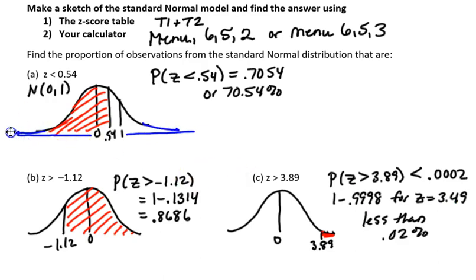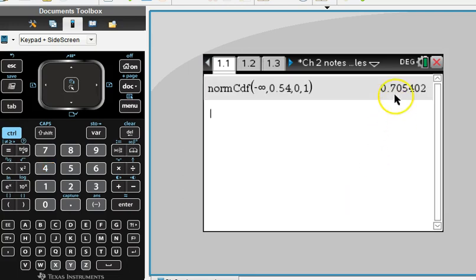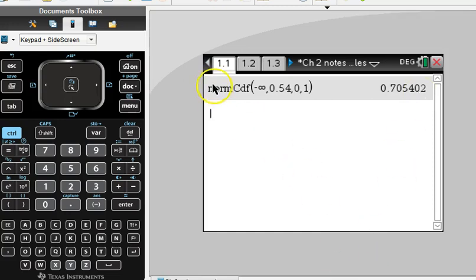So our left bound here is negative infinity to 0.54. If we were looking to the right, it would be 0.54 to positive infinity. Okay, so we're going to leave the negative infinity, the upper bound 0.54, 0 and 1 are our mean and standard deviation. We push OK, and we get 0.7054, the same value that we got using the standard normal table.